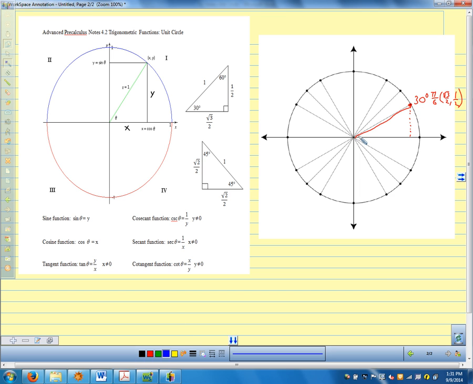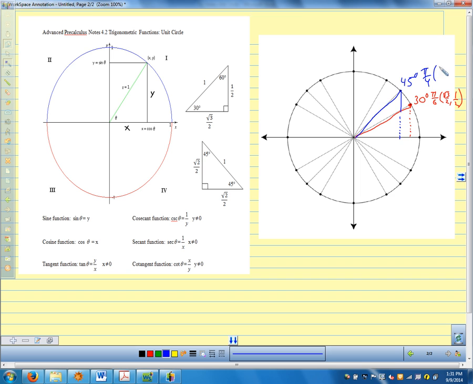Let's do the next one. This one's going to be our 45, 45, 90 triangle. 45 degrees is how many radians? Pi over 4. And how long are both sides of my triangle?